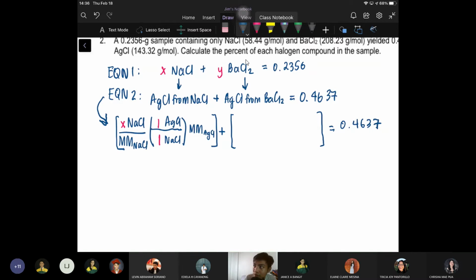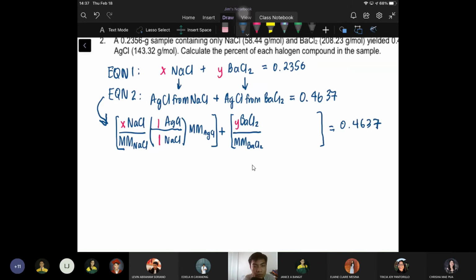Gayahin natin to. Okay. So we are going to convert this into AgCl. How? Kopyahin lang natin to. Okay. So we begin with the mass of barium chloride. Yung mass, i-divide mo sa molar mass to get the moles of barium chloride. So this will give us the moles of barium chloride.